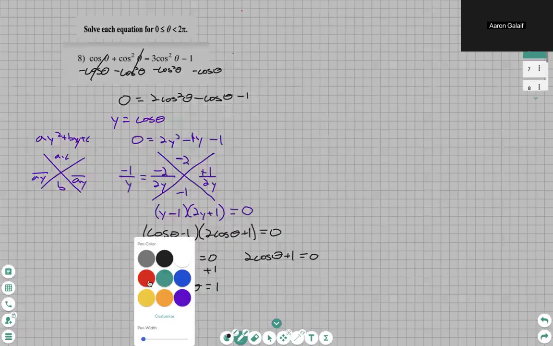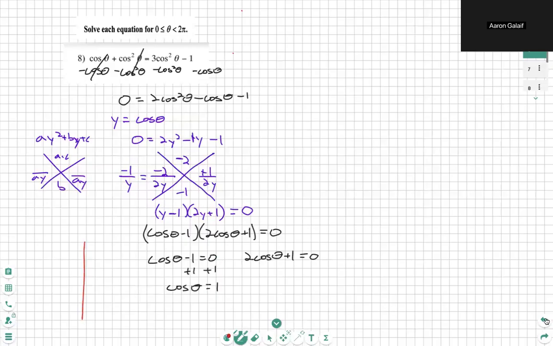Now, how do we find where cosine of theta is equal to 1? Well, we know that sine or cosine are equal to 1 at these points on the axes. So we see that this one is 0, 1, here is 1, 0, here is 0, -1, and here is -1, 0.